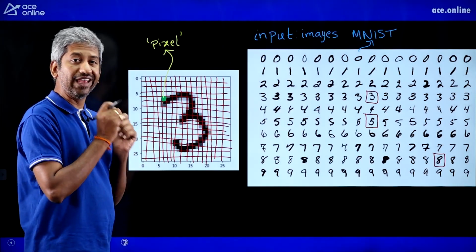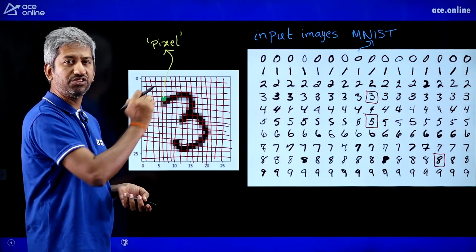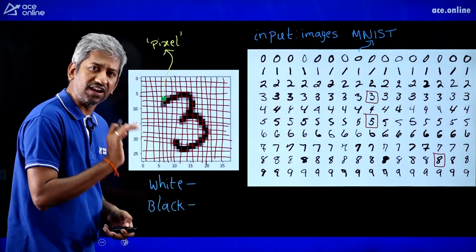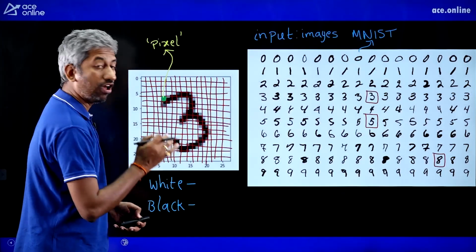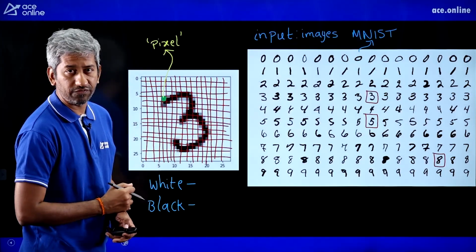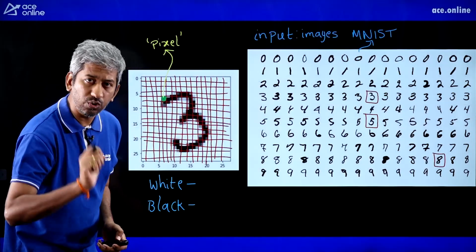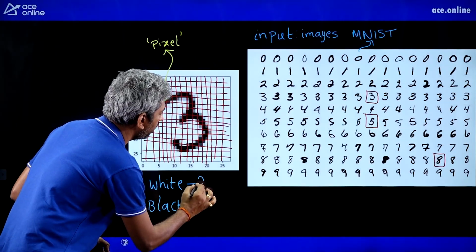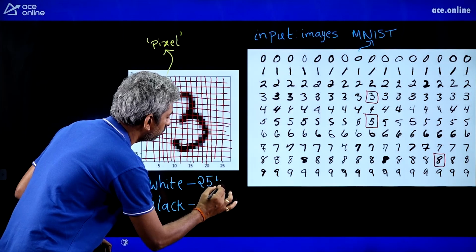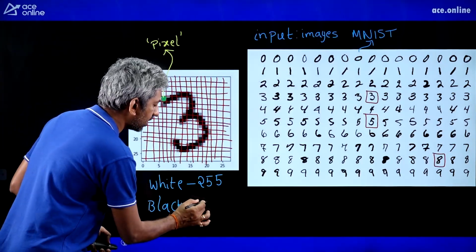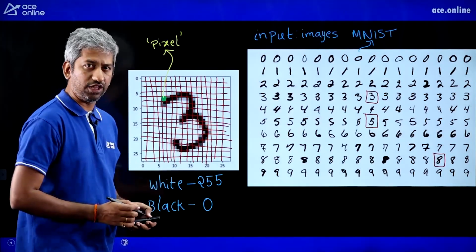So, in this example, each and every cell is considered as a pixel, and you have to give a color coding to each and every pixel. Okay. And the range of that color code is always from 0 to 255. Let us say if my cell is pure white, then its corresponding code will be 255. If it is black, then its corresponding code will be 0.